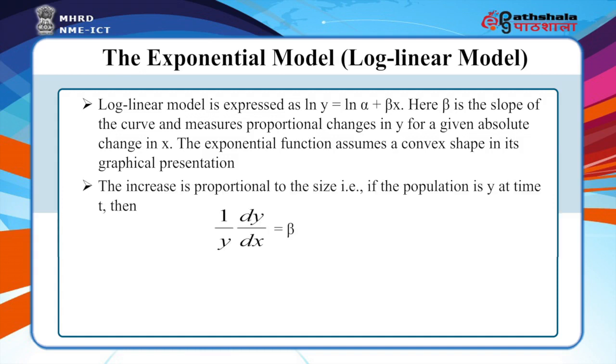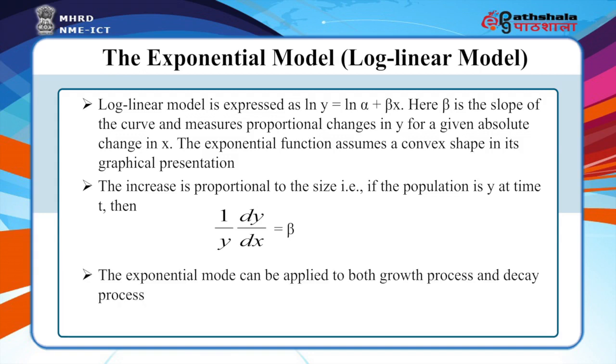The increase is proportional to the size, that is, if the population is y at time t, then 1 by y dy by dx is equal to beta. The exponential model can be applied to both growth process and decay process.